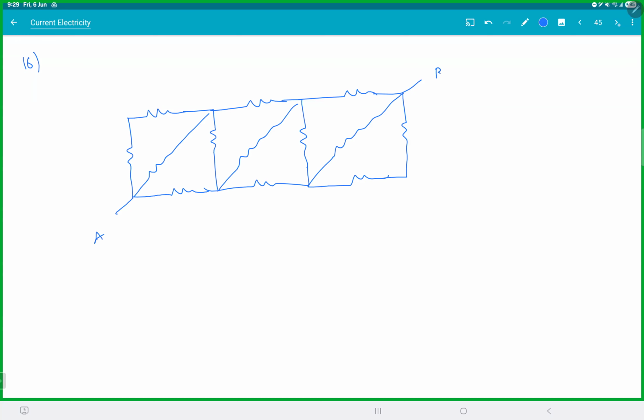Find RAB. All resistances are R. Just get me the equations.